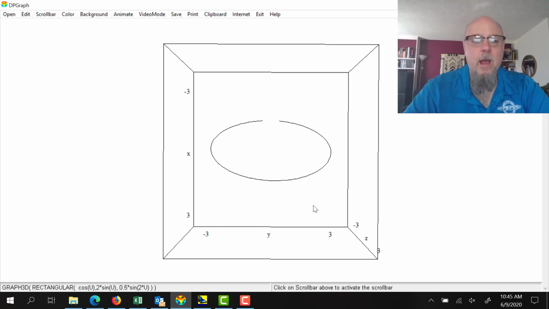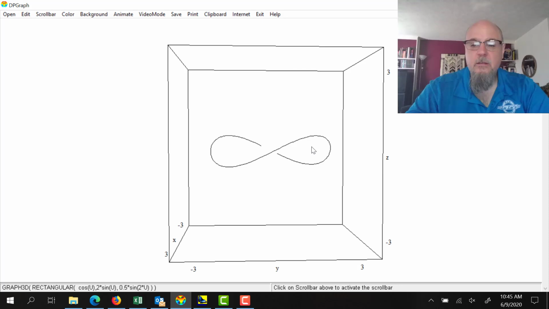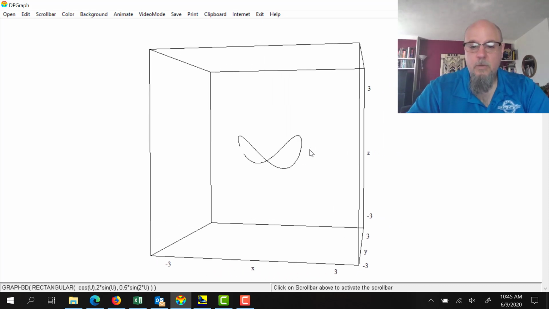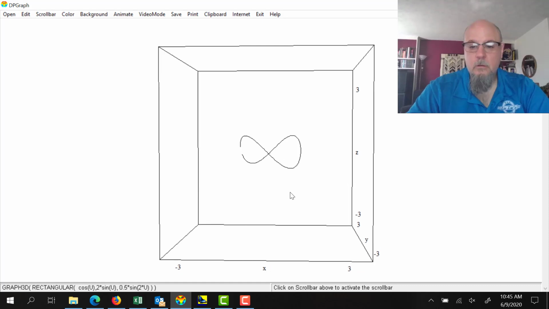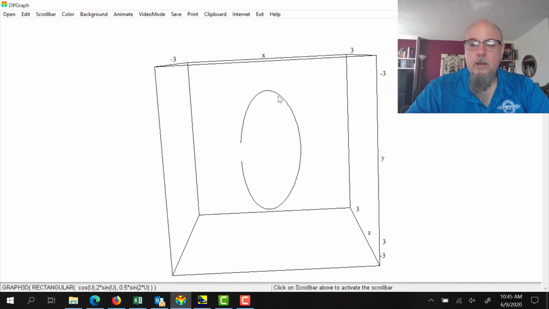So as it makes its way around one set of the circles, in the z, 2 oscillations. It's gone up, down, up, down. But in the x, or y, it's only gone up and then down. So there's twice as many oscillations in the z. That's what we're trying to say here.